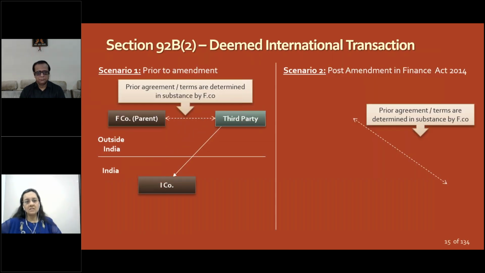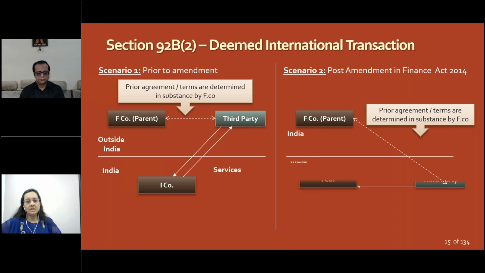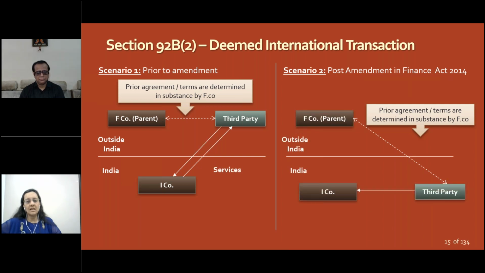Now you'll see this is the scenario prior to the amendment, and I have compared it with the scenario post the amendment. Prior to the amendment, you will see that F company, which is a foreign company, has the ability to influence the transaction with the third party where it has already agreed what the terms of the services are. An I company, which is in India, is transacting with this third party.